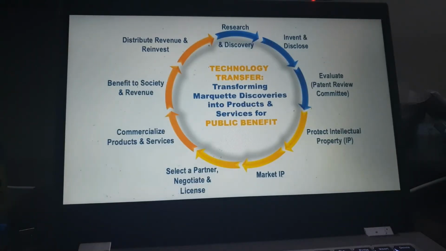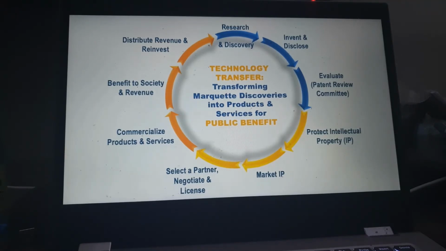This is another model which is the same, but it has more stages, starting with research and discovery, then invention and disclosure, then evaluation, or what we shall call patent review committee, evaluates it to see whether it's really new, whether it's an invention, whether it's not repeating something else, and then protect intellectual property, and then marketing.